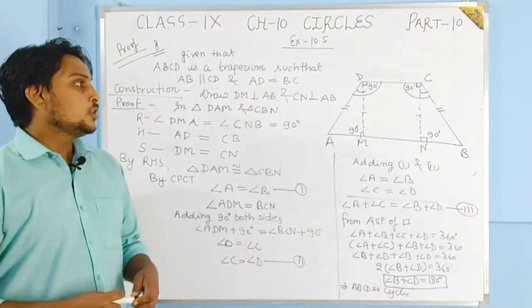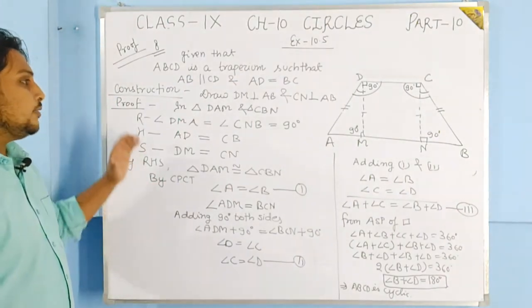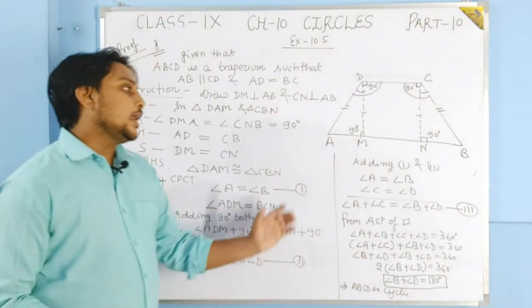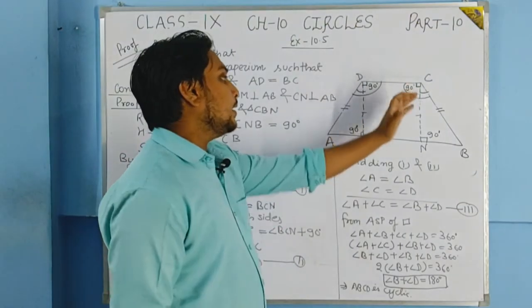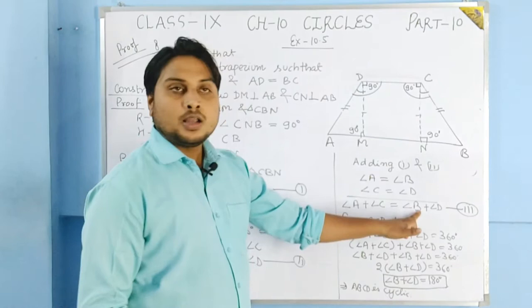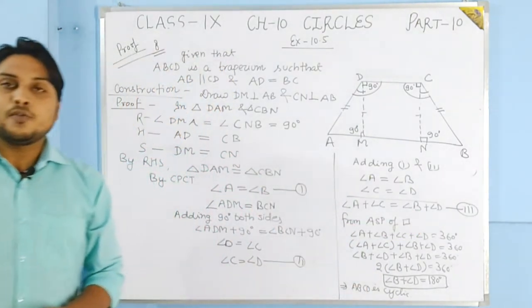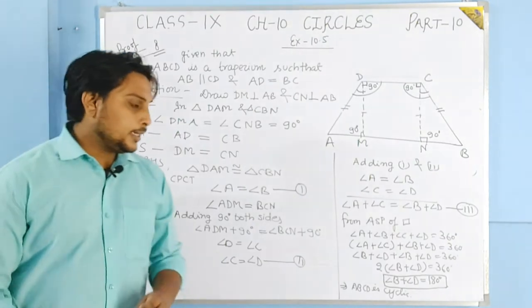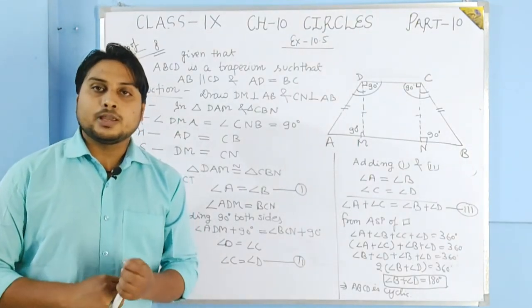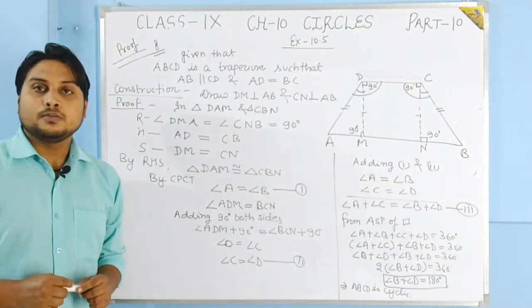Okay, students, so like this you can solve this question also. Firstly we have shown that the sums of opposite angles are equal to each other, and then we show that the sum of opposite angles is 180 degree, means they are supplementary. Okay, so now students, you can pause the video and note it down.